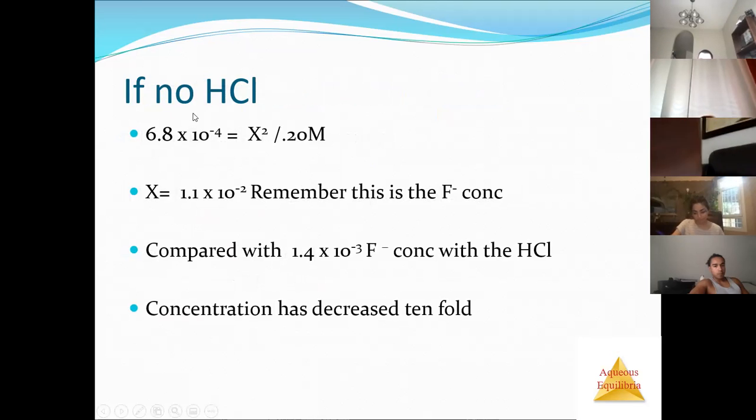When I solved my equilibrium equation for X without the HCl, the result is 1.1 times 10 to the minus 2. That is the F- concentration, compared with 1.4 times 10 to the minus 3 when I added the HCl. My concentration has decreased tenfold by adding the HCl. So mathematically, we've proven Le Chatelier: by adding the HCl, we make less F-.